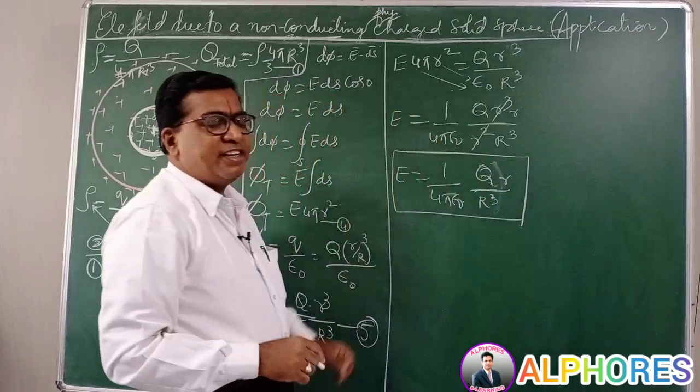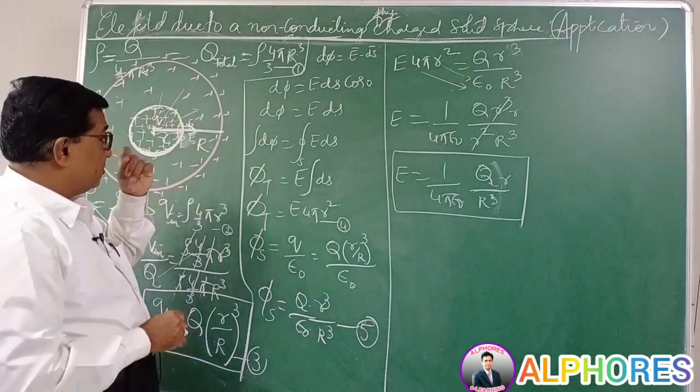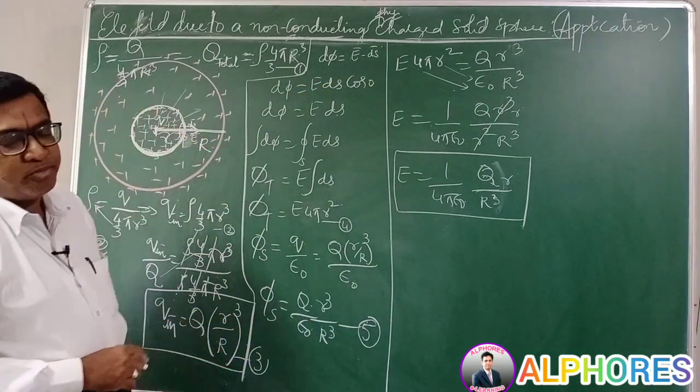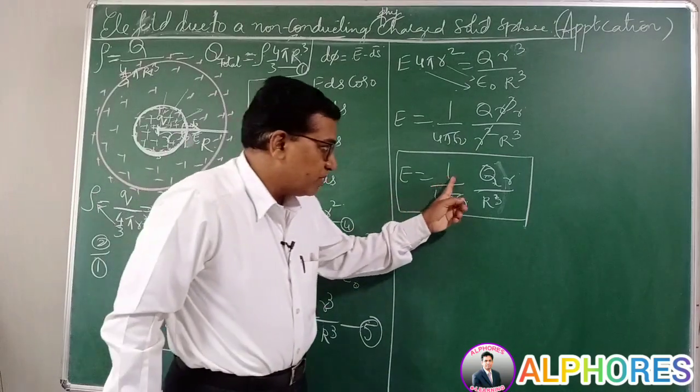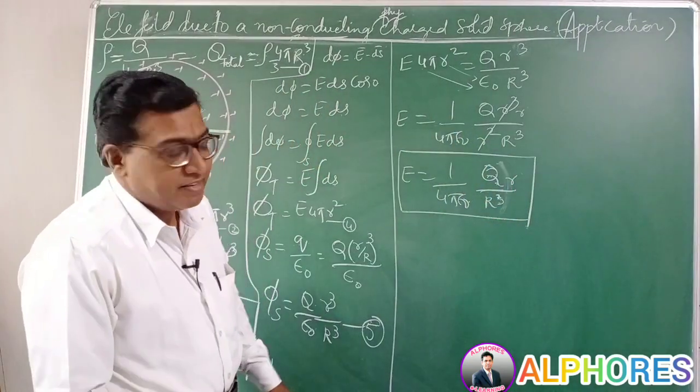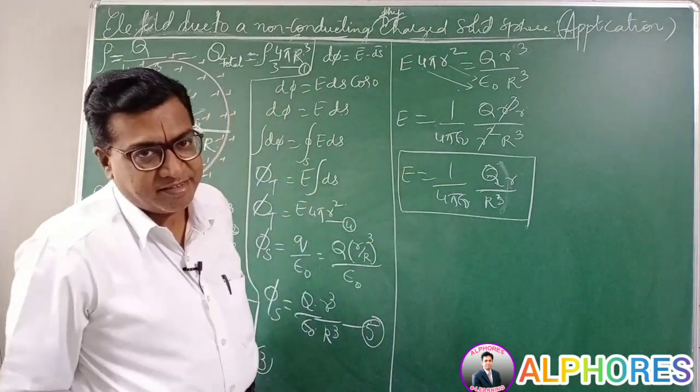This is the magnitude of the electric field intensity due to a non-conducting solid sphere at a point inside the solid sphere. So it's 1 by 4 pi epsilon naught Q r by capital R cube. This is the magnitude of the electric field.